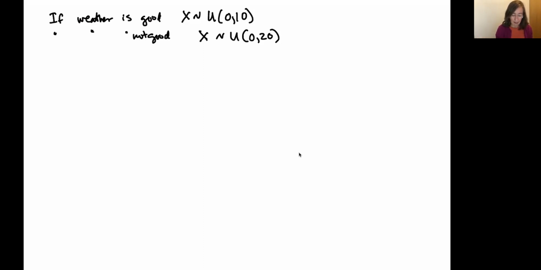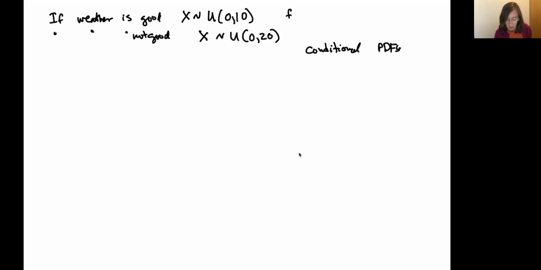What we have here in words are two conditional PDFs. The new idea in this lesson is the idea of a conditional PDF. And what are they?